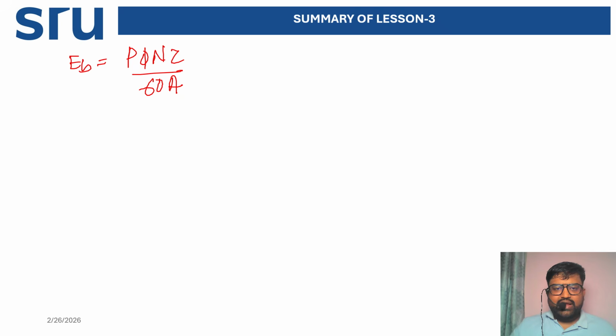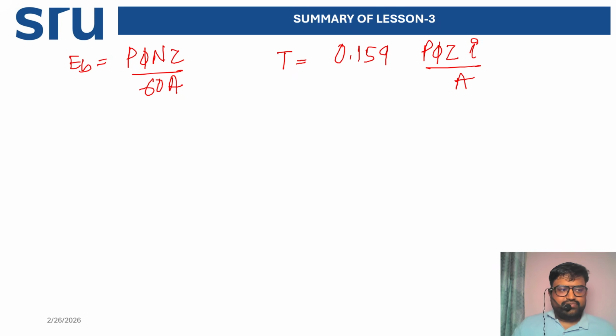Here I am again writing the torque equation so you can tally: torque is equal to 0.159 P phi Z I by A. Now what is the common term we are getting? P phi Z by A in this equation, and in that equation also we are getting P phi Z by A.